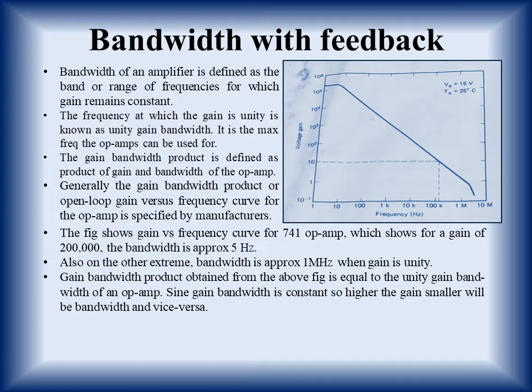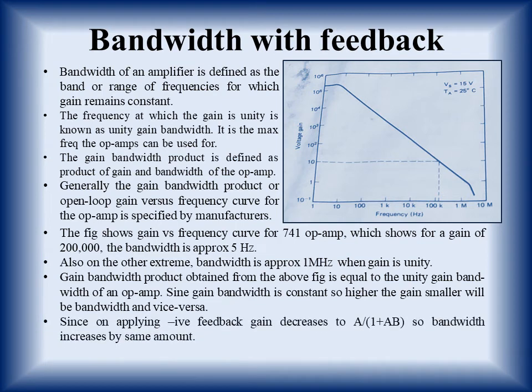So without calculating anything, we can directly say that when negative feedback is applied, the gain decreases by a factor 1 plus AB, so the bandwidth will also increase by the same amount. Bandwidth with feedback is equal to bandwidth without feedback into 1 plus AB. Or in terms of frequency, frequency with feedback is equal to frequency without feedback into 1 plus AB.